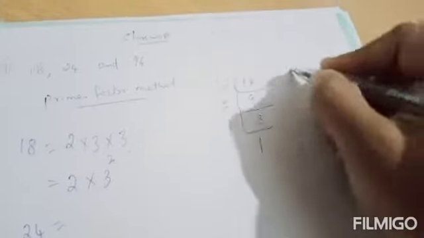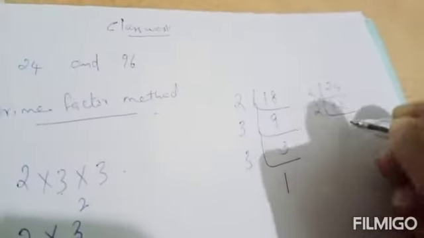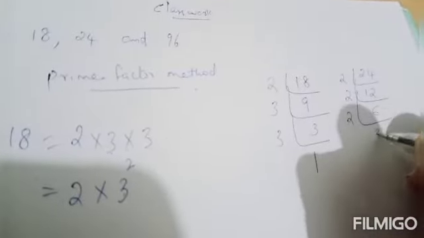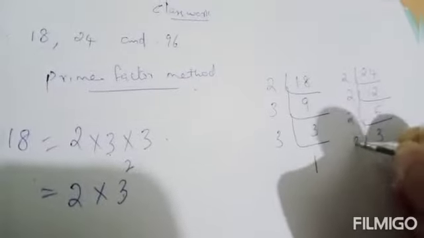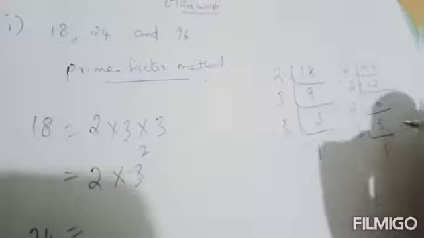Next, 24. On prime factorization, 24 divided by 2 gives 12, 12 divided by 2 gives 6, 6 divided by 2 gives 3, and 3 divided by 3 gives 1. So 24 equals 2 into 2 into 2 into 3.